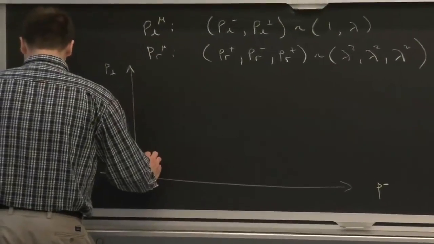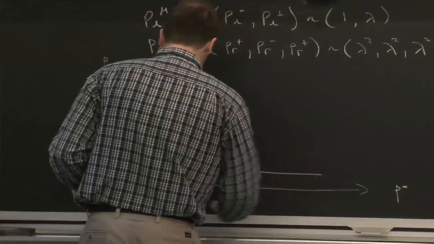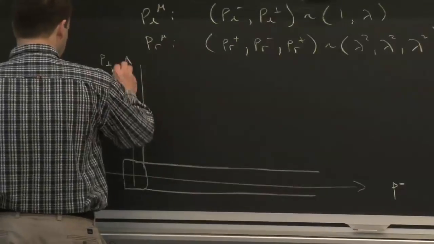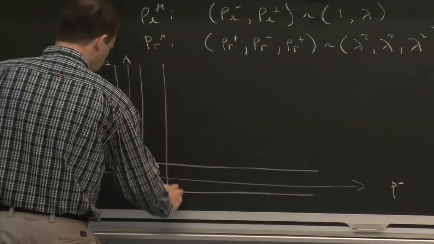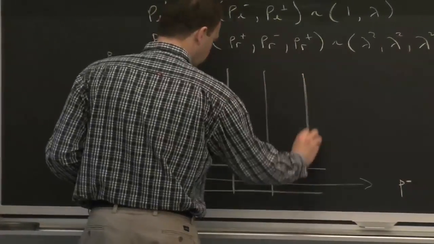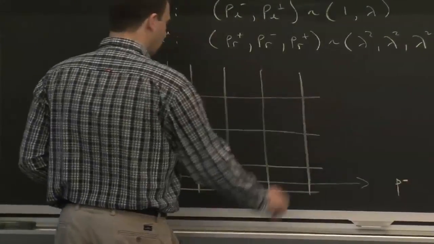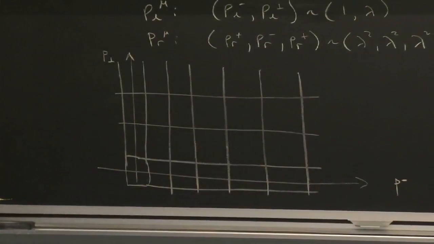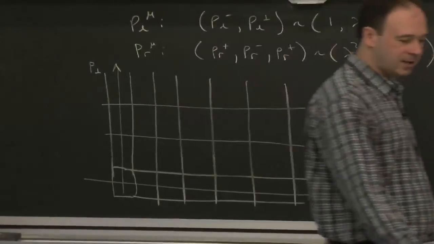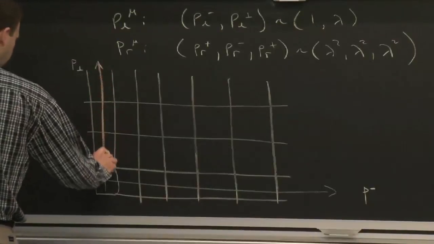Let's see. All right, so I'm going to draw a grid. The way I want to make this split precise is, I should have maybe made my axes in a different color to distinguish them from the grid. Let's make them orange.